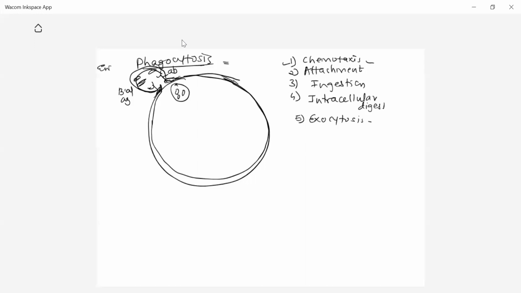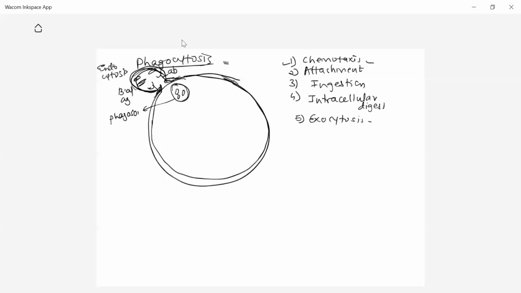In endocytosis, the phagocytic cell forms a pseudopodia that grows around the antigen, and the antigen is taken into the cell. When it enters the cell, it gets coated by the membrane. That membrane-bound antigen is called a phagosome.